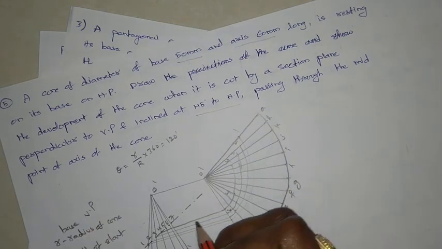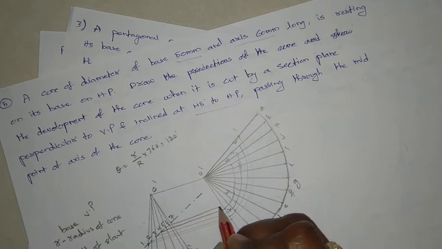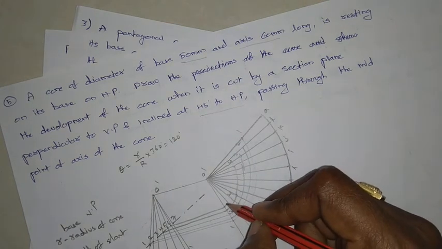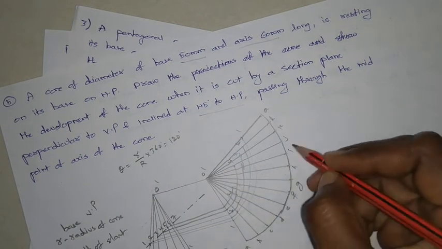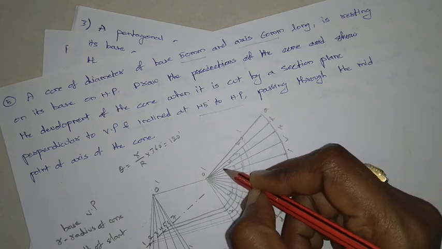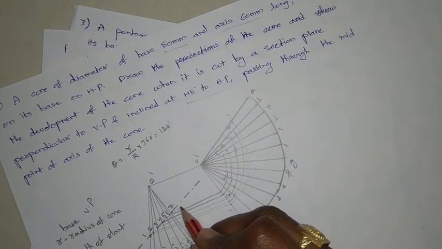Next 5. So 5 is lying on I and E. Where is E? Here it is E, and where is I? Here it is I. This is 5. Next 6 and 7.